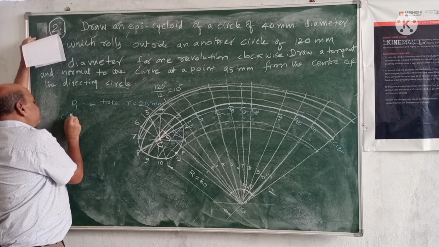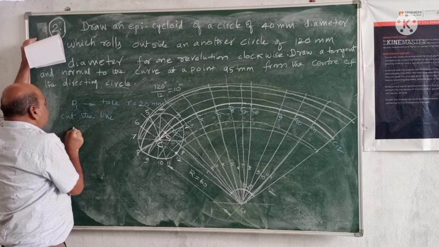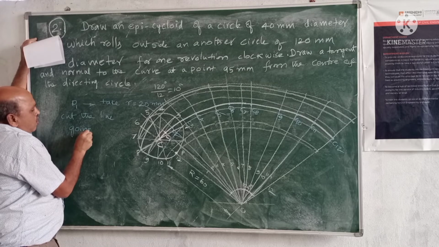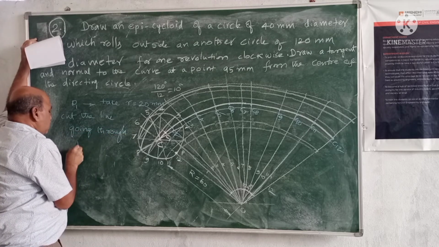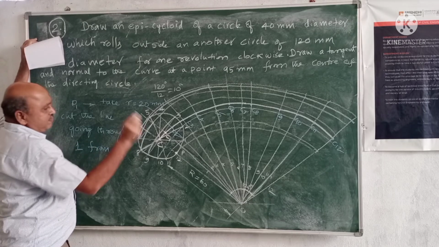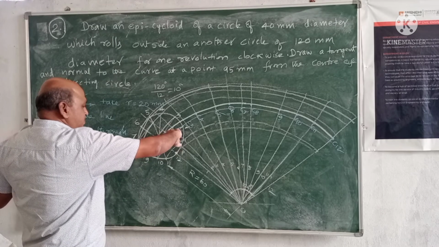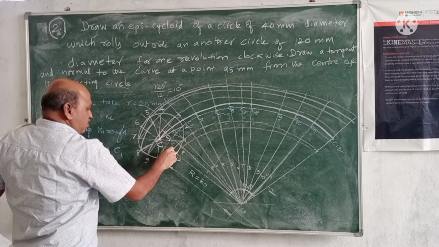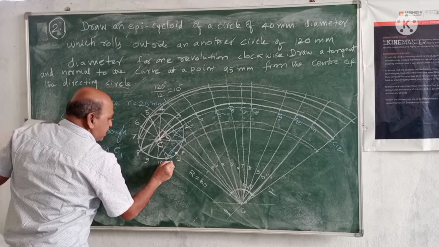From C1, cut the line which is going through 1. See here, this is the line which is going through 1. Back side it will come. You just cut here. So it becomes P1.